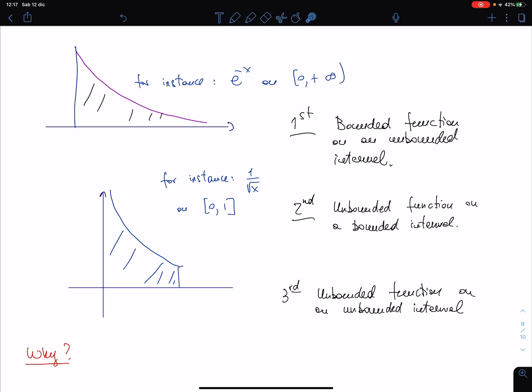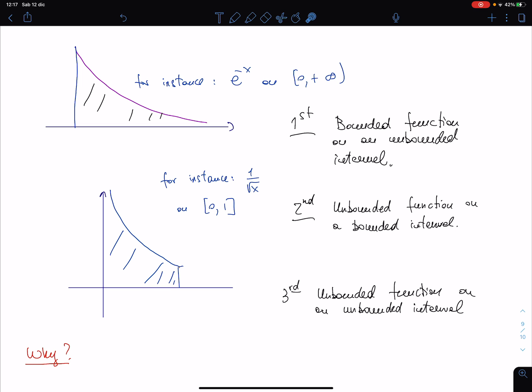So the first answer that can come to your mind is that it is impossible. You would have to buy an infinite quantity of paint. But you will see that it is not really true.